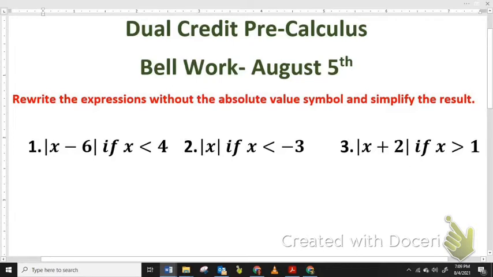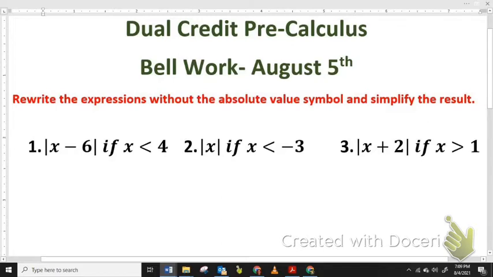What does the absolute value do to it? Makes it positive. How can we do that with a different operation? We'll multiply what's inside by negative 1, because that would have the same effect of changing the sign to a positive, correct?